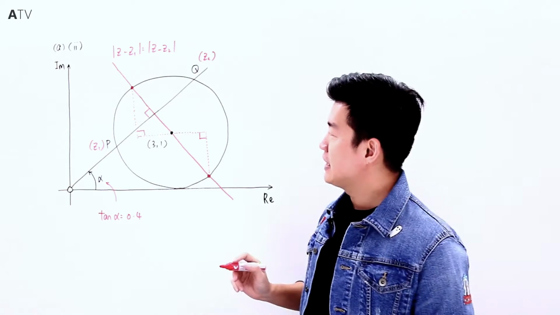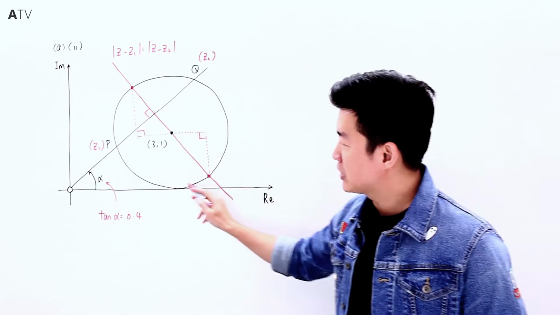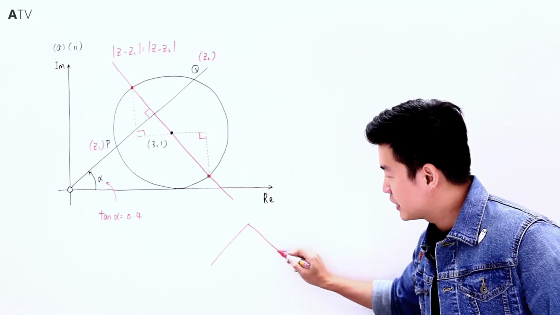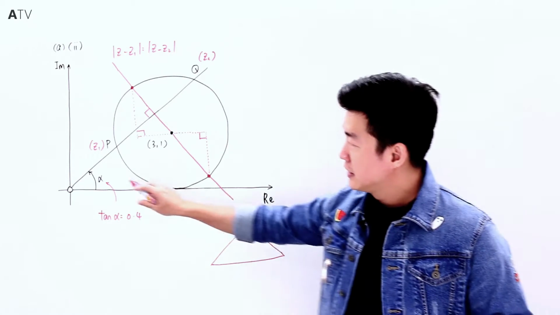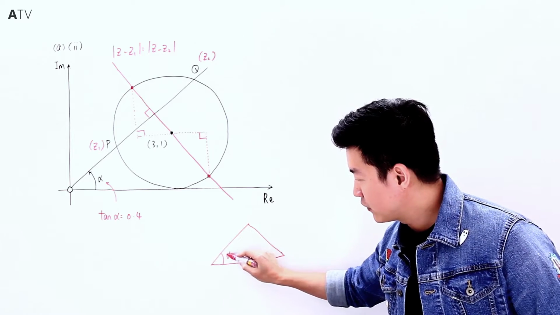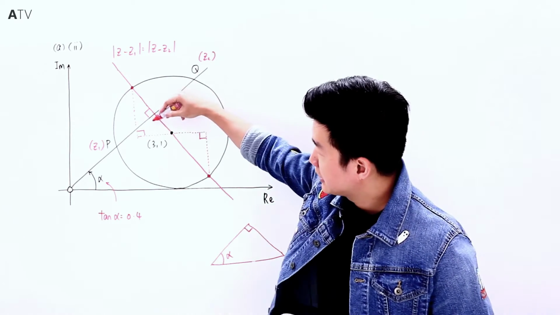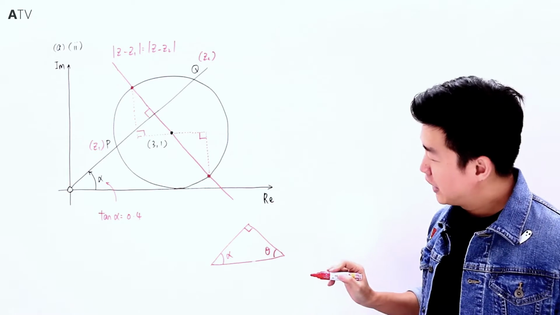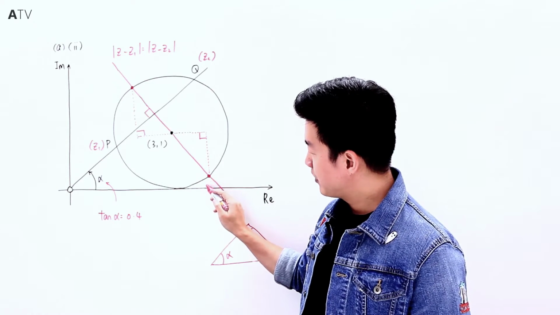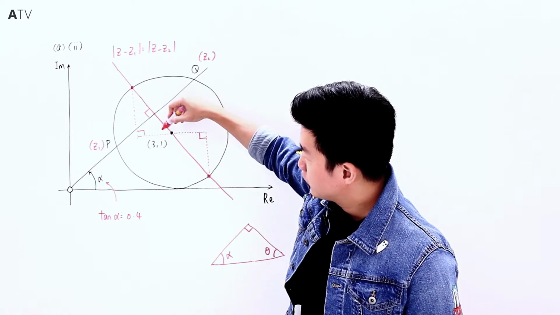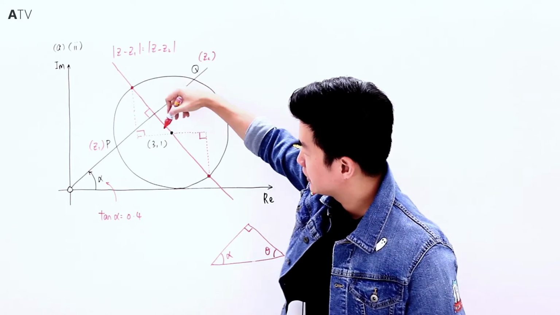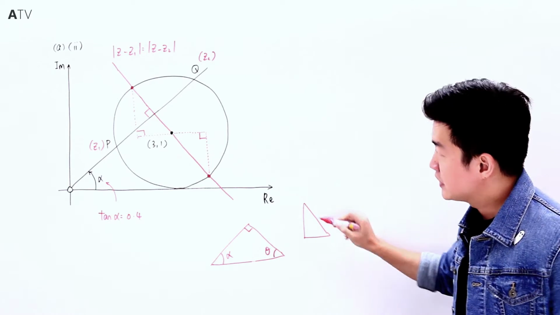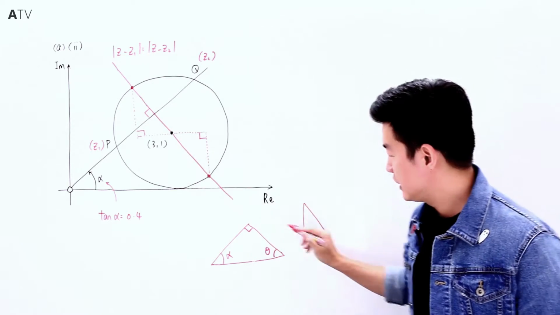And what I can now see is that for this big triangle here, let me do a quick sketch. For this big triangle, this angle is alpha, and here is 90 degrees. As for this angle, I'm going to call it theta. And what I'm going to do is compare this angle to this angle over here for this other triangle. So for the other triangle, let me sketch it here. This will represent this triangle, 90 degrees.